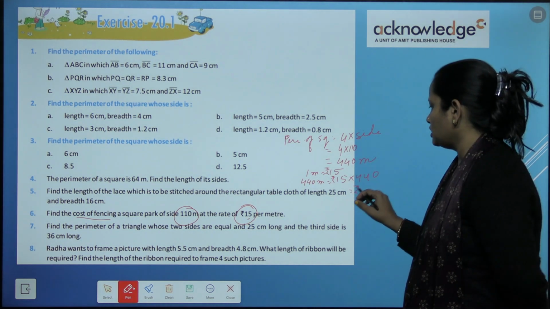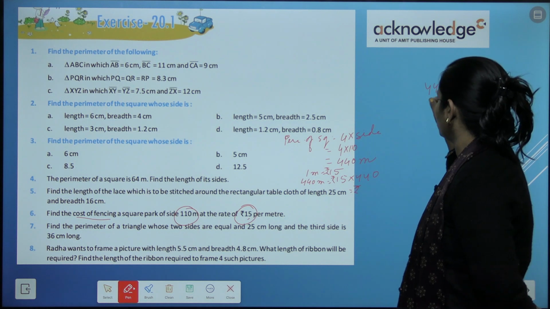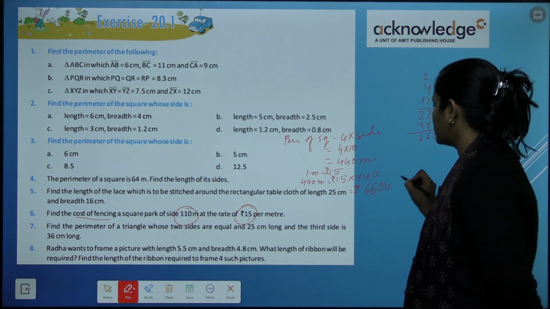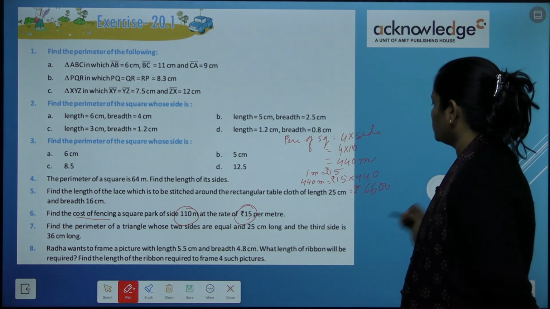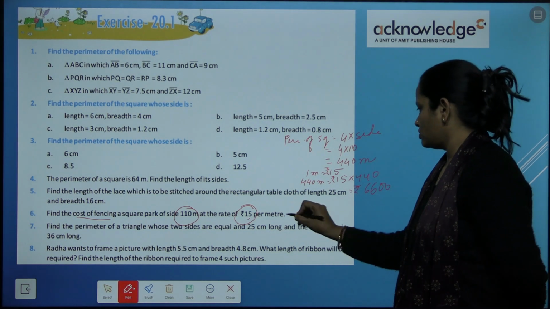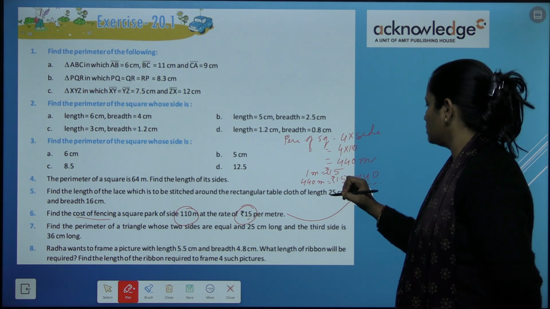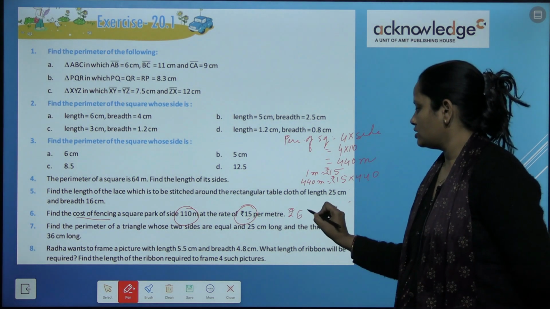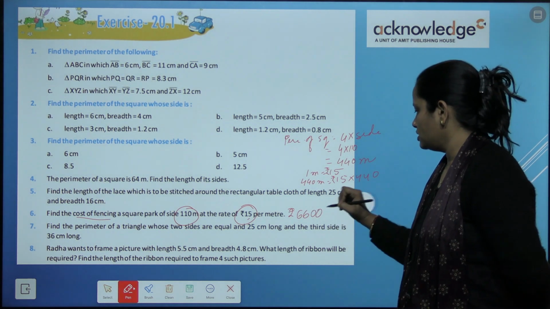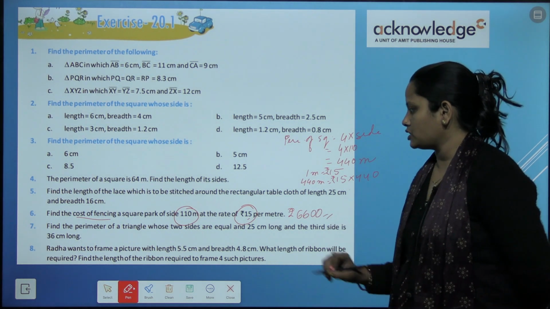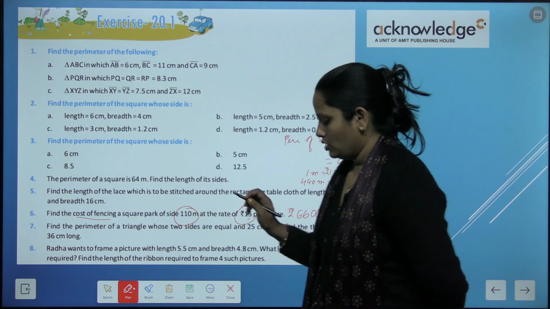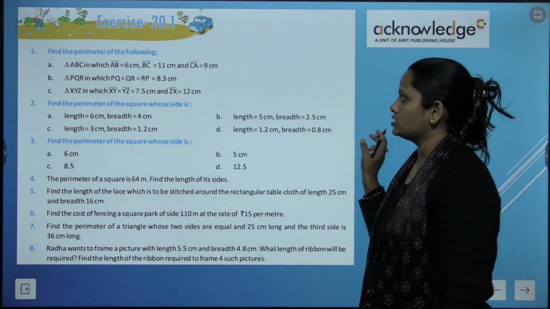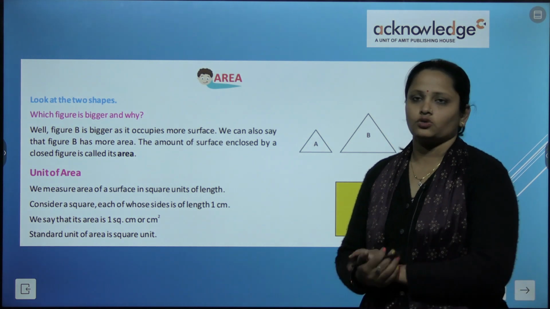So the total money that we have to give is rupees 6600. So this is the answer, rupees 6600. So this much money he has to spend for fencing the park. So children, the rest of the questions you have to do like this only.